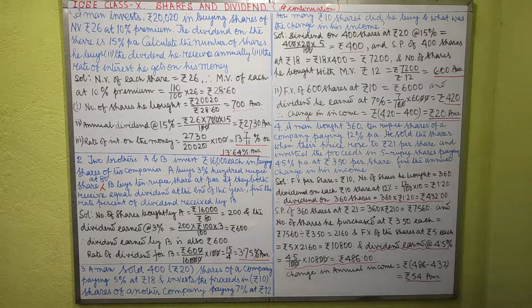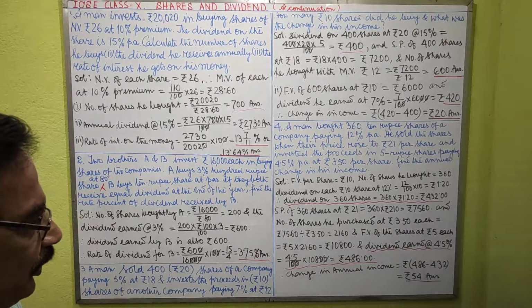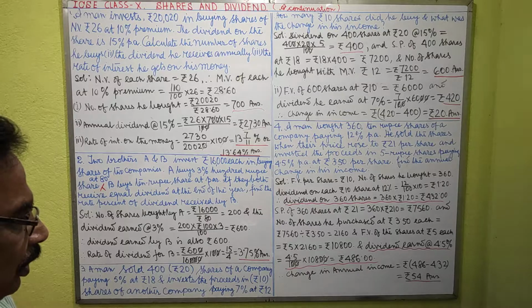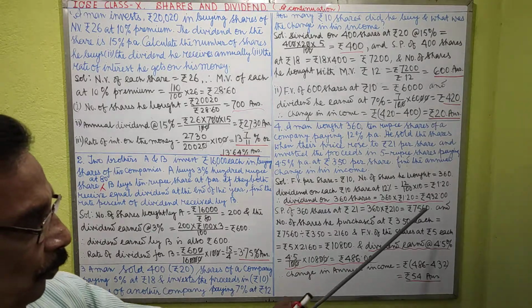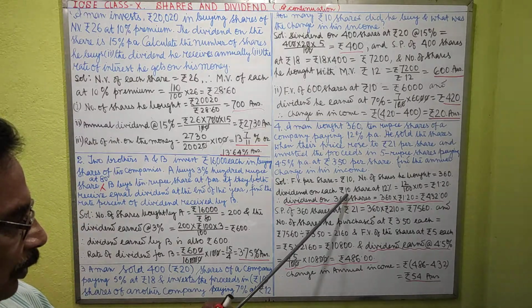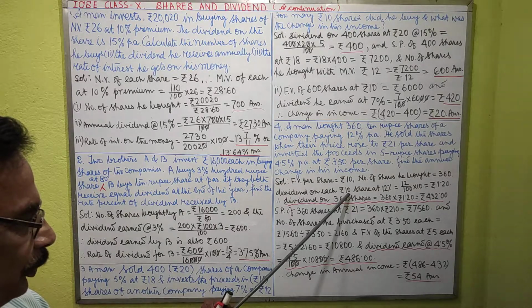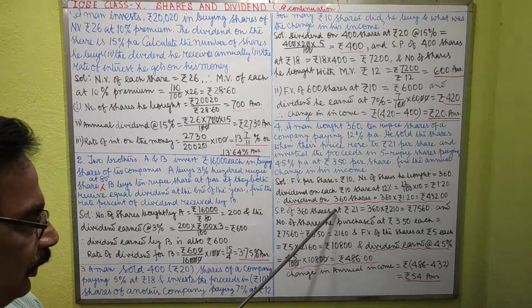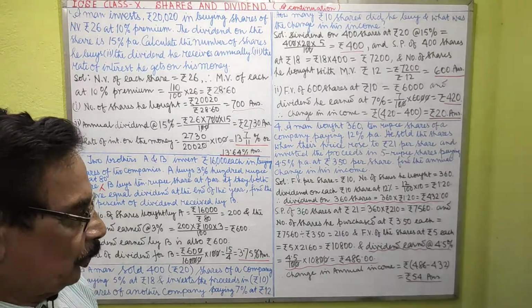The solution is that the face value per share is rupees 10 and the number of shares he bought is 360. The dividend earned on each rupees 10 share at 12% equals rupees 1.20, because the nominal value of each share is rupees 10. The dividend on 360 shares is 360 into 1.20, that is 432 only.